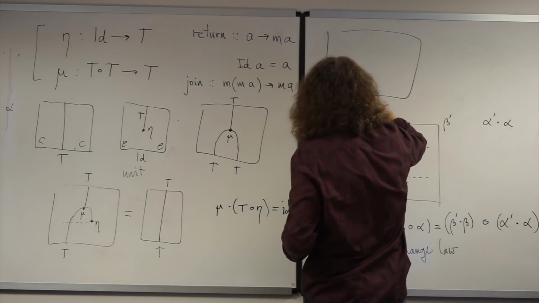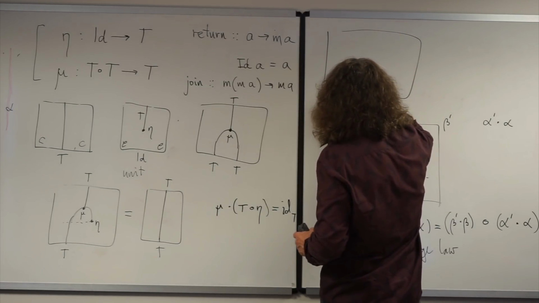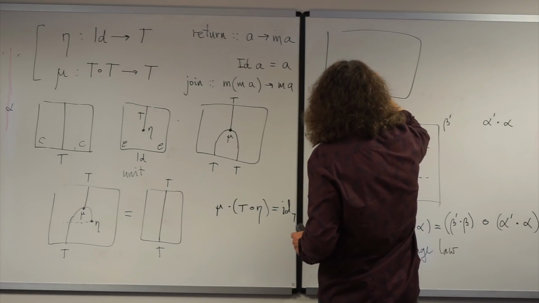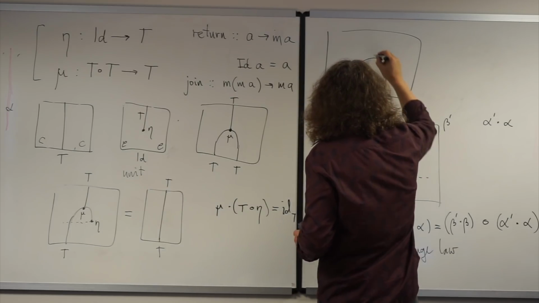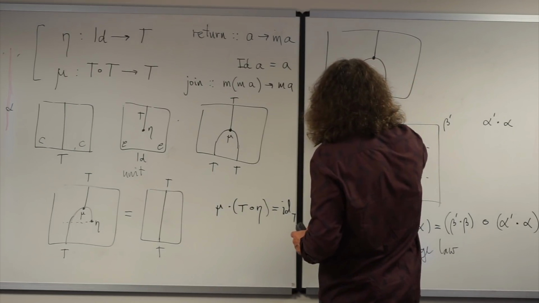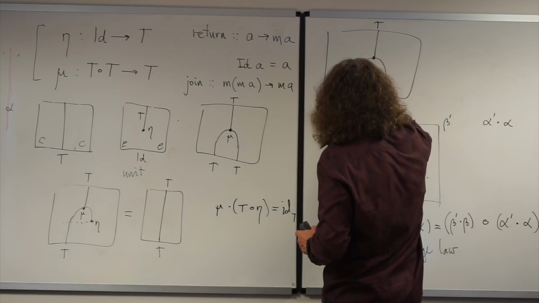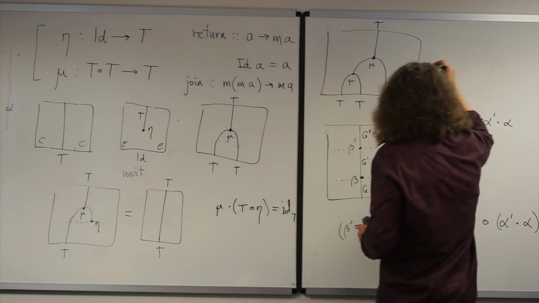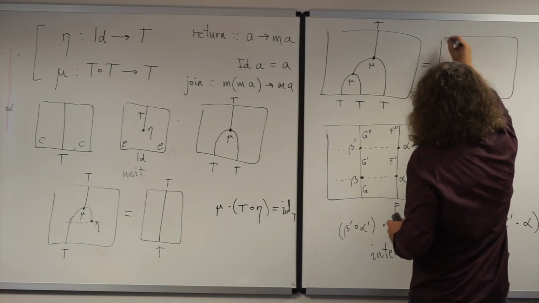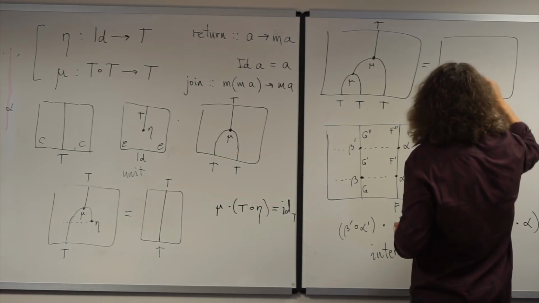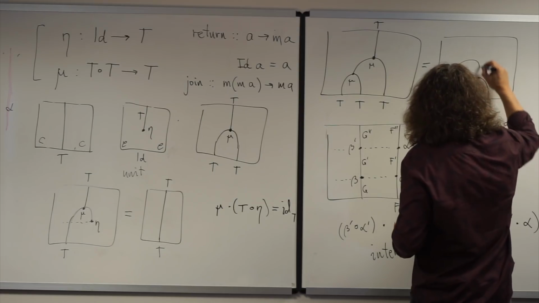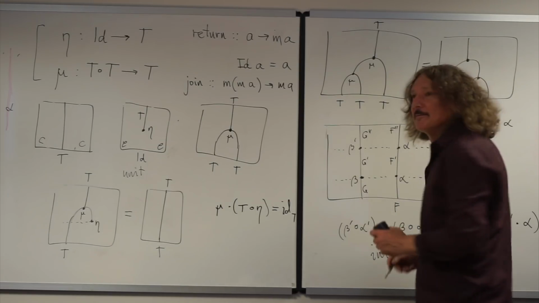And of course there is this associativity law, right? Associativity law, which looks like this. So you have t, t, t, and a single t here, and this is mu, and this is mu, and this should be the same as if we first multiply these two and then multiply these two, right?